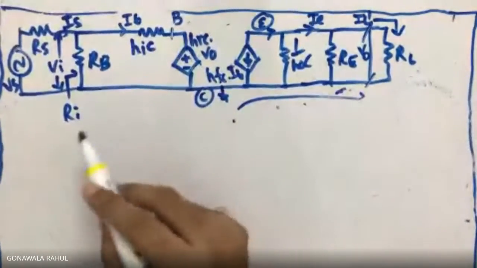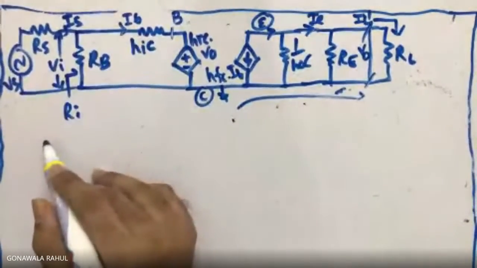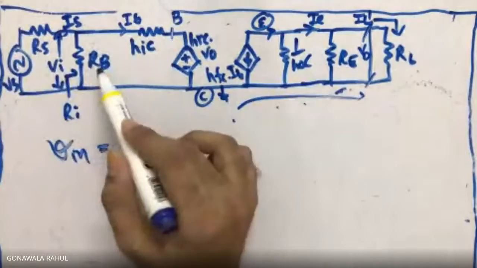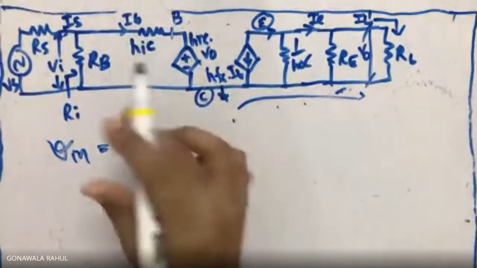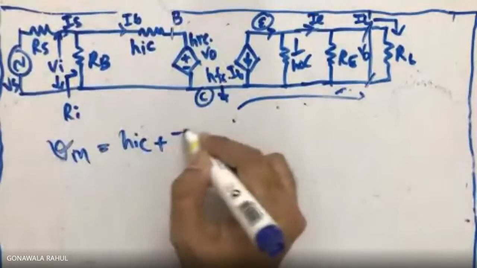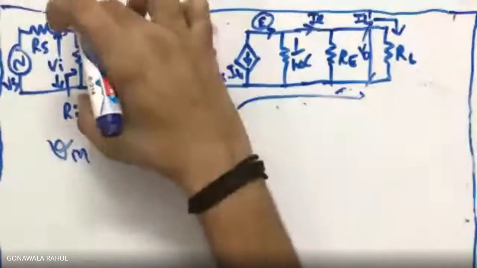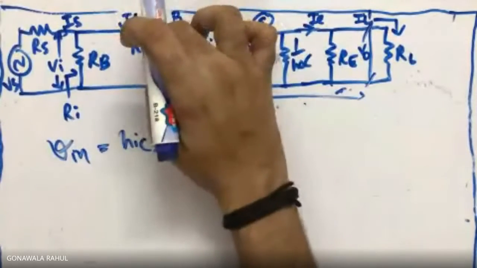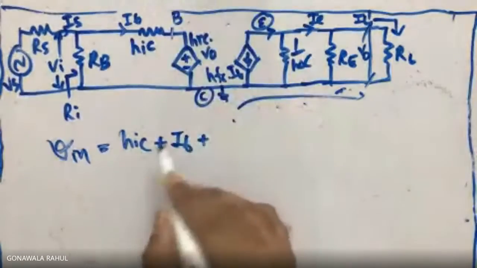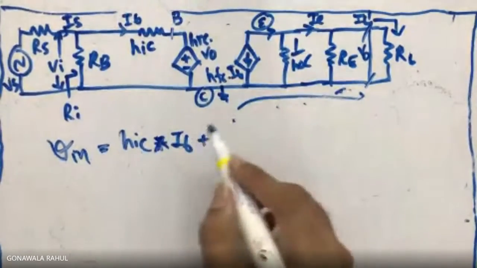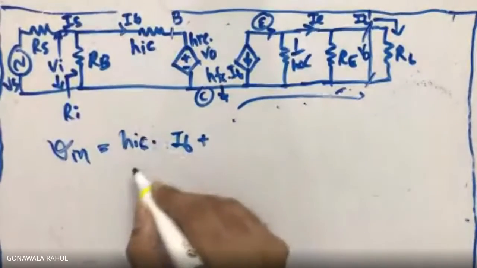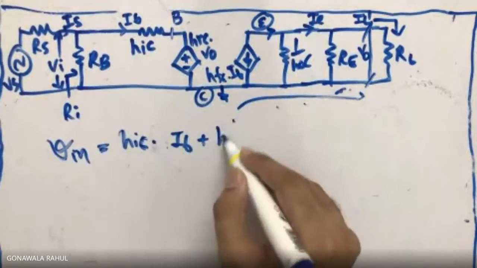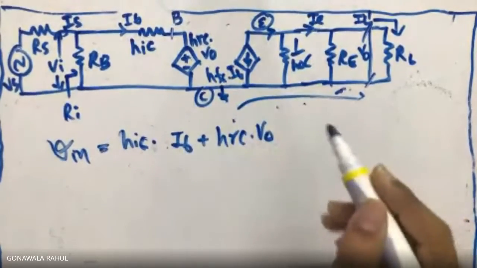Now for Ri, as we know, first of all we write the input side equation. Vin is equal to HIC into IB plus HRC into VO.